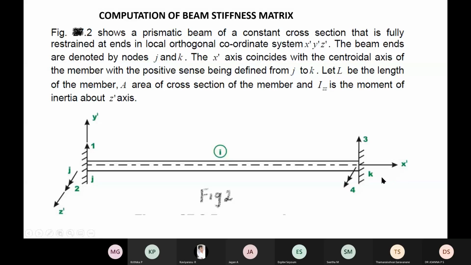If there is no settling down of the supports, then you will have only two displacements. The possible degrees of freedom: the vertical reaction is resisted and the moment is also resisted. There are no displacements here. If settlement is there, then a vertical displacement will be there. That's the meaning of that.